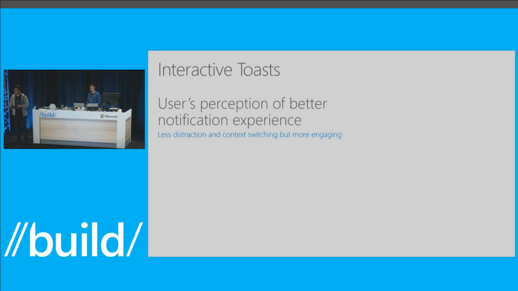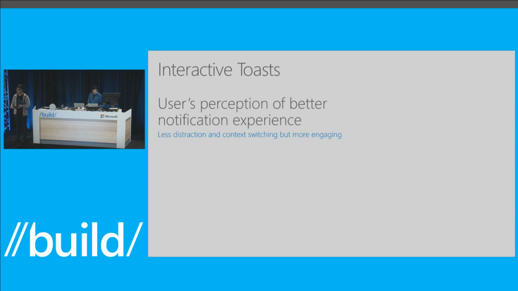For folks who don't know interactive toast, it allows you to provide custom actions, or even inputs, inside notifications, that allow users to complete tasks and do more things without being switched away from what they're doing right now.